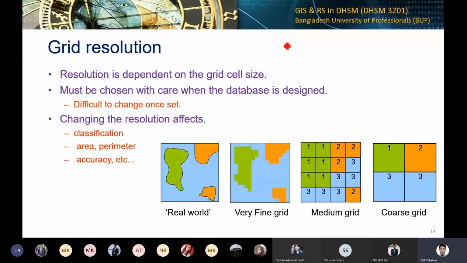Before that, we had freely available data from Landsat. The resolution of Landsat is 30 meters, and Sentinel has a resolution of 10 meters. That is Sentinel-2, and this one is Landsat, LS.